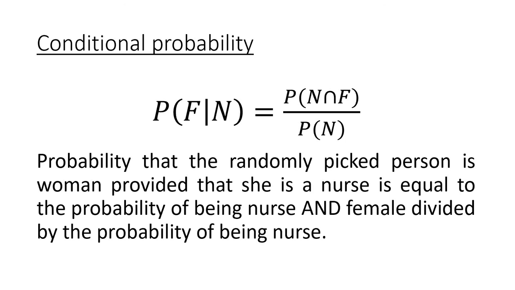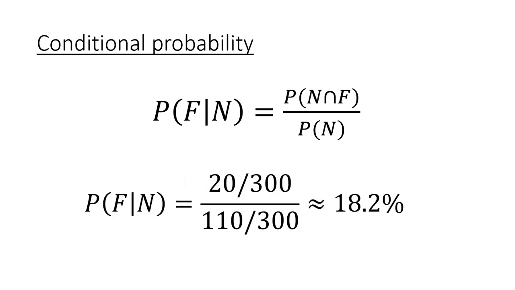So now we will calculate conditional probability that randomly picked person is female, provided that this person is a nurse. So we will apply the same formula. Again, upper part will be just identical because we're still interested in the probability of intersection of set N and F, or the probability that a randomly picked person fulfills two criteria simultaneously, being a nurse and female at the same time.